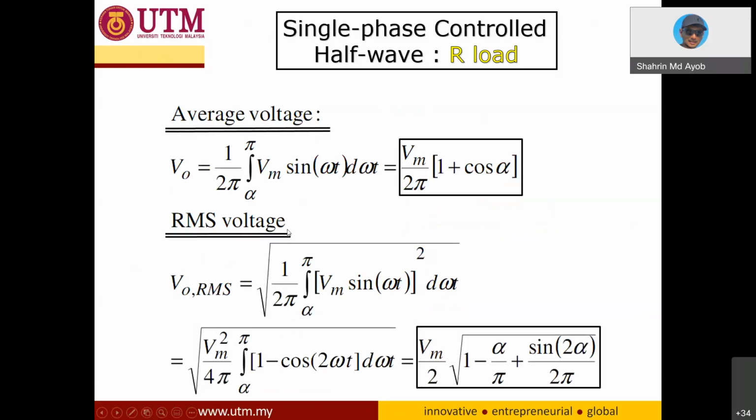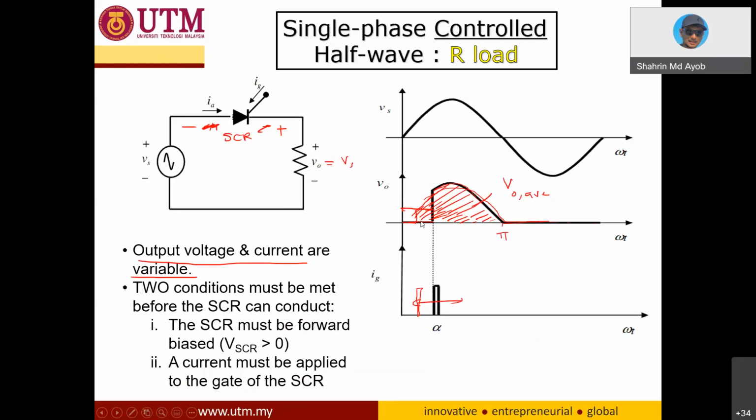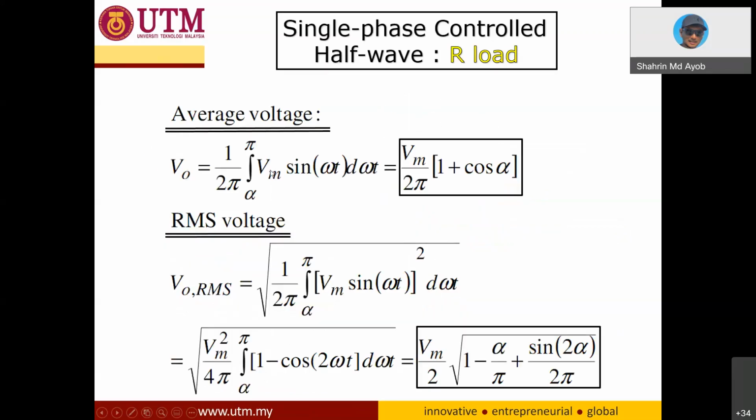For the V out average calculation, you can use this formula: 1 over your period, which is 2 pi, and then you integrate the voltage function from alpha to pi. The function of the voltage output is Vm sine omega t d omega t.